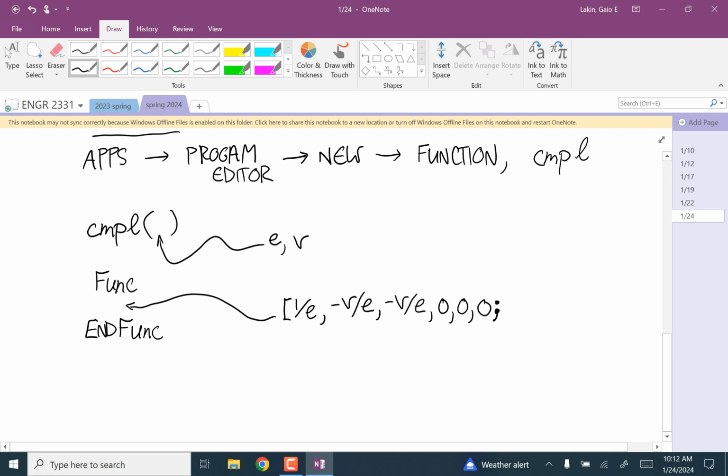And just let it break lines where it does, and you just keep typing as if it was all one line, okay? And so the next one then is going to be negative V over E, 1 over E, negative V over E, 0, 0, 0, semicolon.